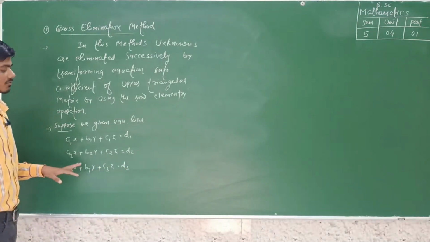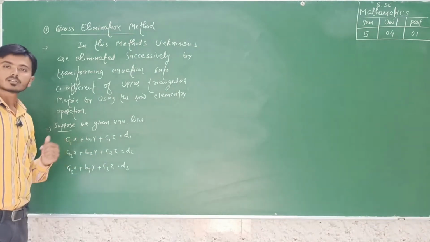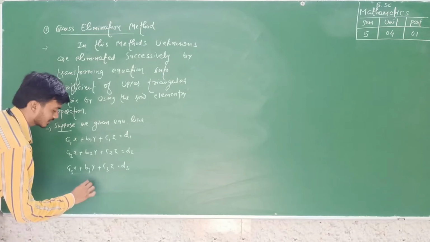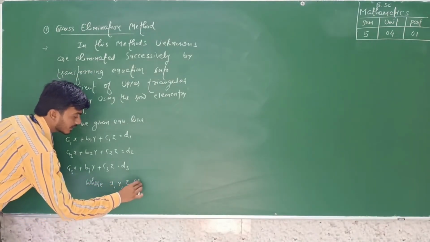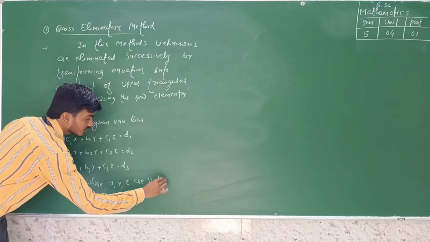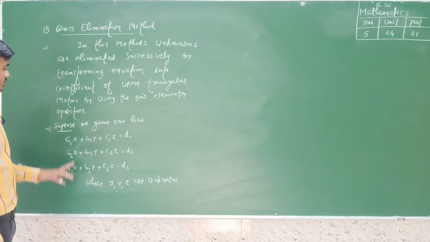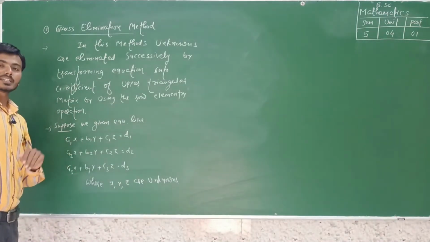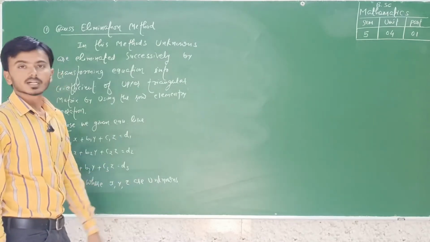These are the given equations, and x, y and z are the three unknowns. We find the values of x, y, z.